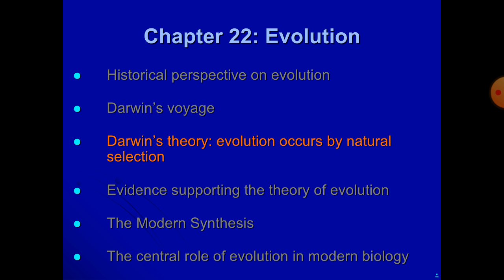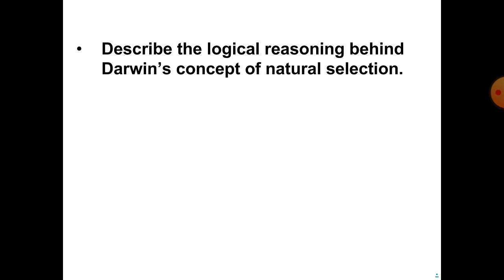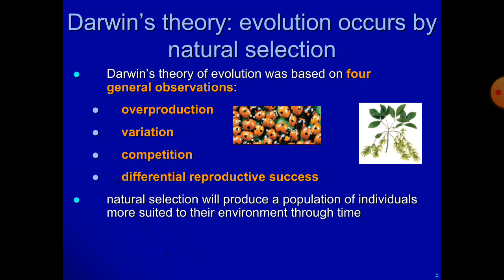Next we have Darwin's theory: evolution occurs by natural selection. The objective is to describe the logical reasoning behind Darwin's concept of natural selection. Darwin's theory of evolution was based on four general observations: overproduction, variation, competition, and differential reproductive success.